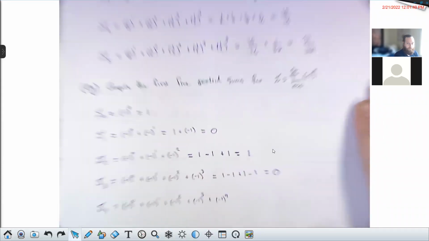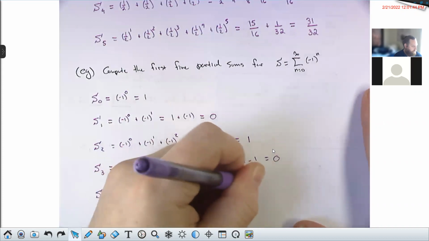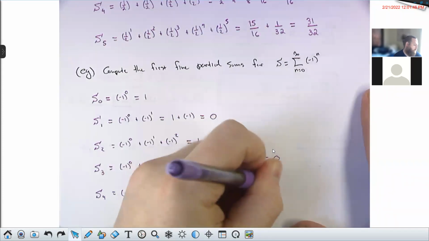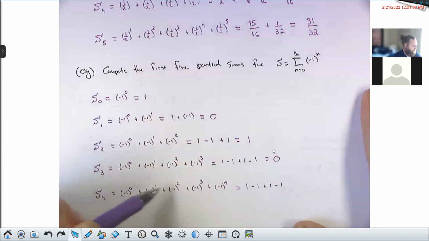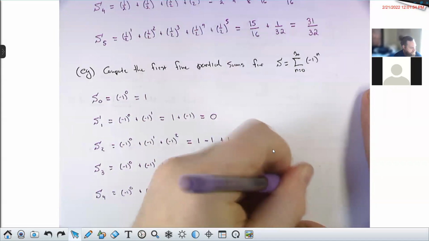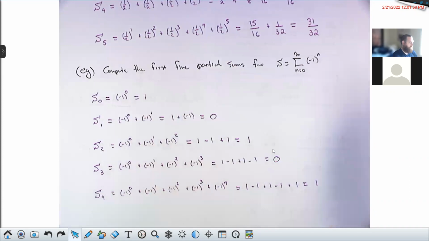And again, that's 1 minus 1 plus 1 minus 1 plus 1. So that's 0 plus 1, which is 1.